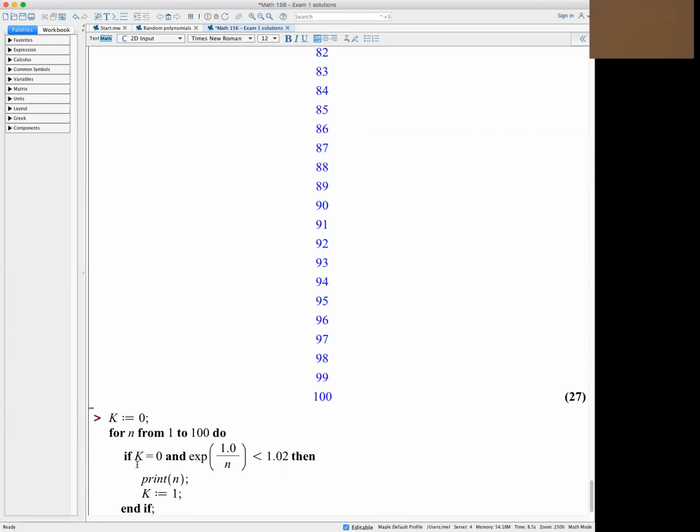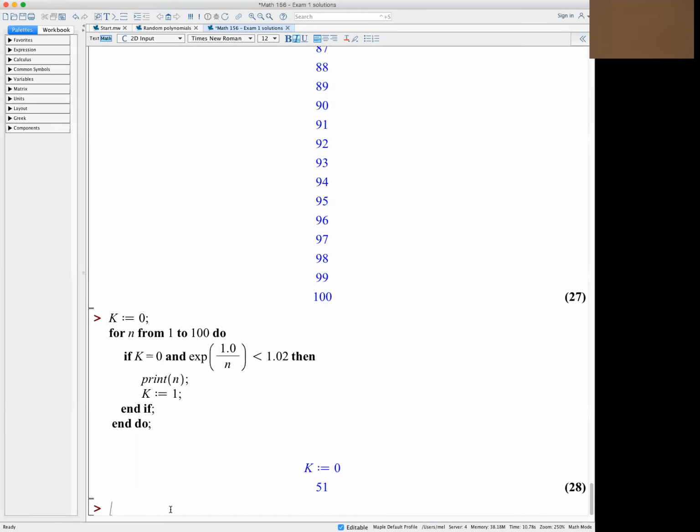So when we go to the next number, k is not equal to 0, so nothing else will be printed out. So I just get the answer immediately and nothing else. Yep, 51, that's the answer. Anyway, it's nice thinking about this program, and there are also other ways to write a program that does this.